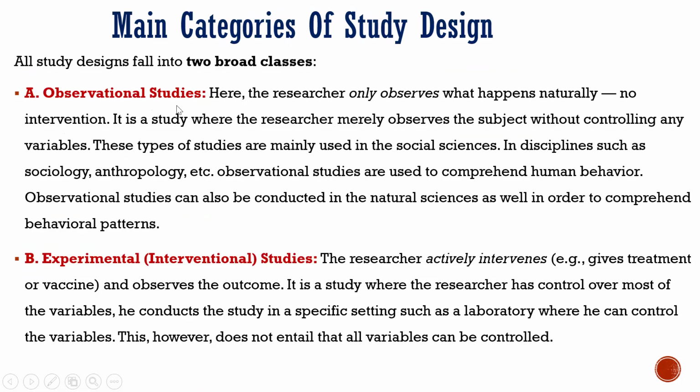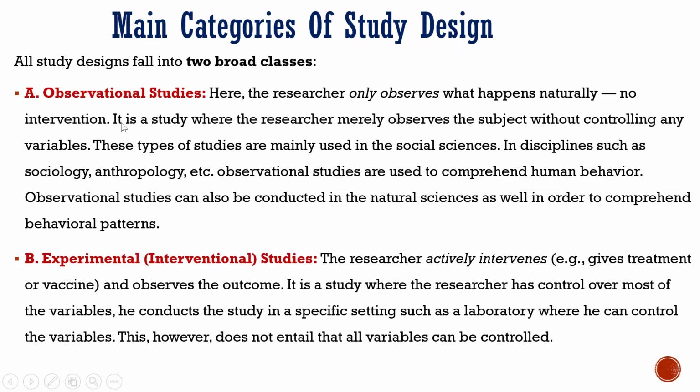So observational studies, here the researcher only observes what happens naturally. There is no intervention. So that's the major difference between observational and experimental studies. Observational, there is no intervention, while experimental is also an interventional study, so there must be an active intervention.